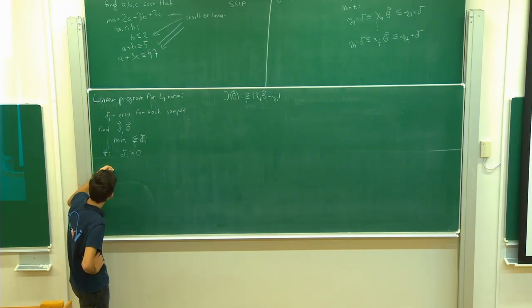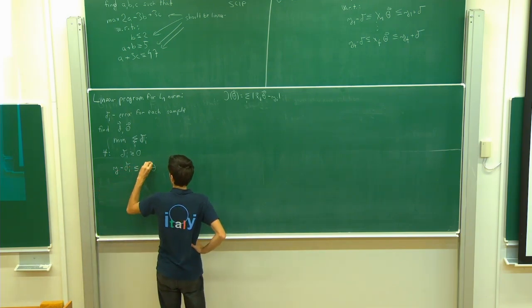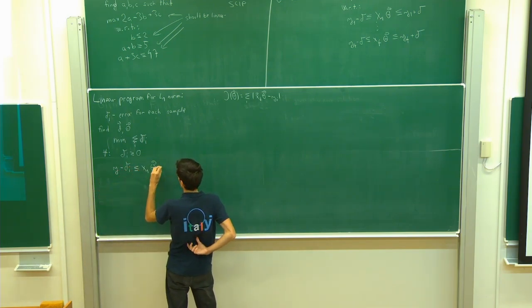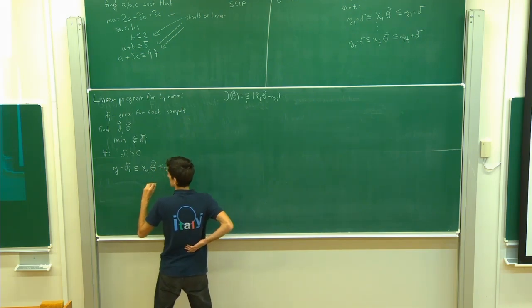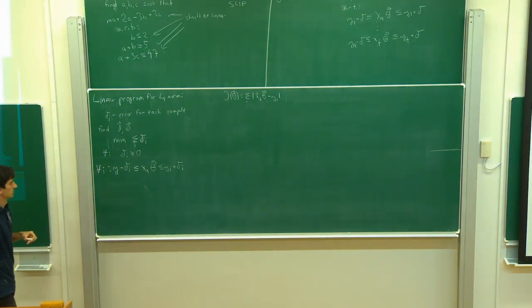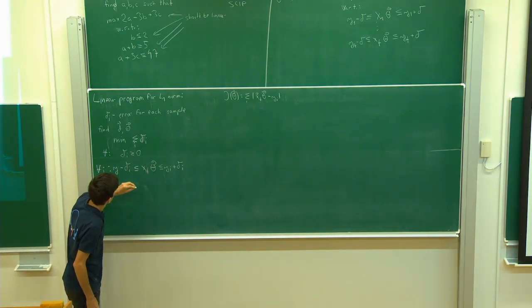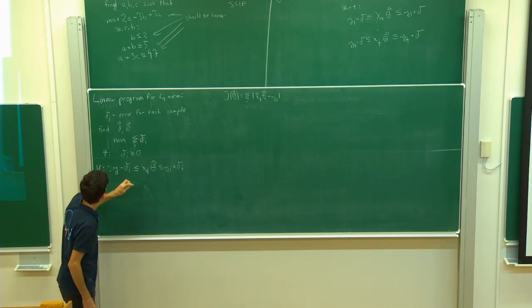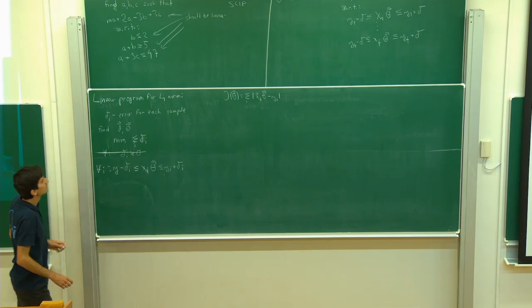For each variable, I think it's also implied that delta i is non-negative. Maybe yes, I'm not completely sure.